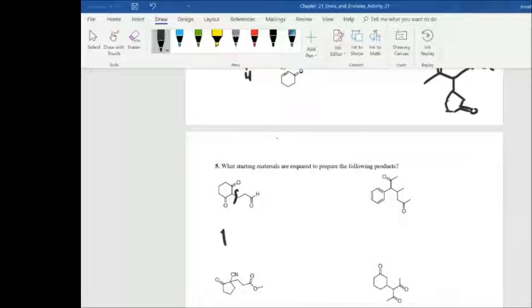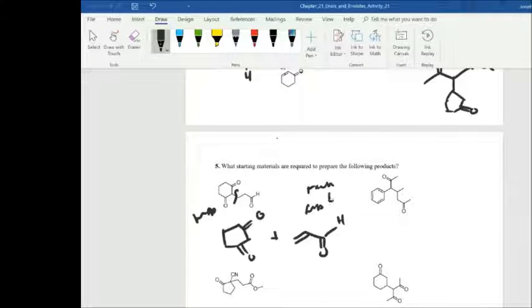Give this anhydride its thing back, and give this guy its Michael donor back. So you're basically making the Michael donor and the Michael acceptor. That's all you're doing. And for this one, you can use sodium hydroxide, NaOH, which will work just fine.